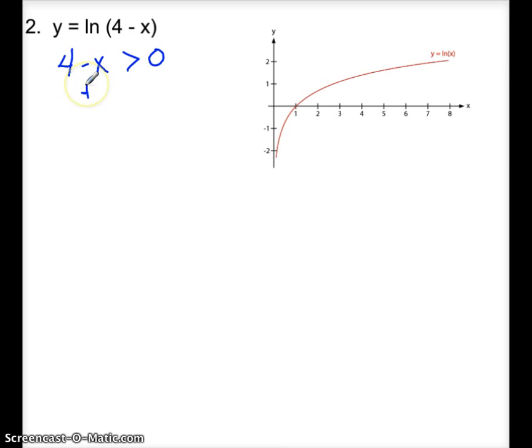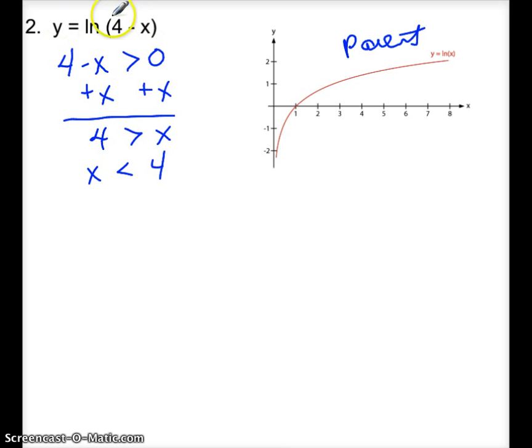I will add x to both sides, and x is less than 4. If you want to rewrite that from left to right, that's fine. So our domain, remember this is the parent, it is not the natural log of 4 minus x. So our domain is from negative infinity to 4.